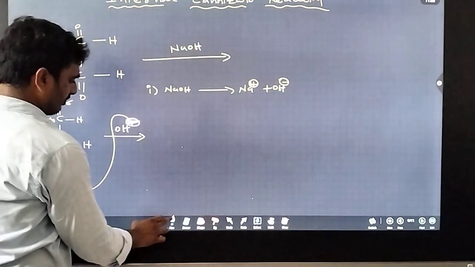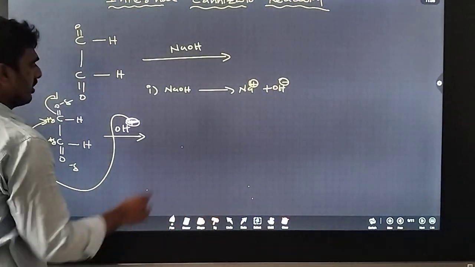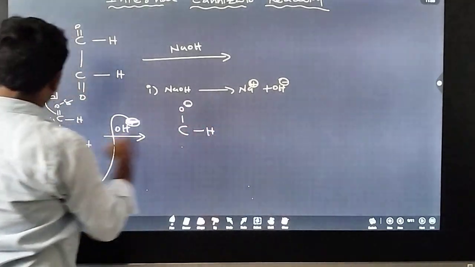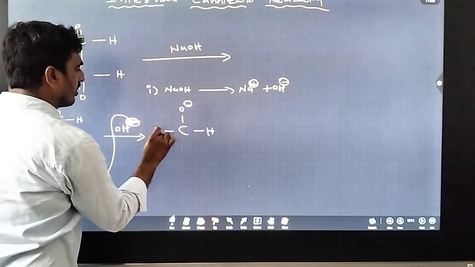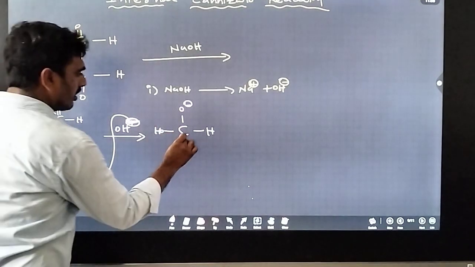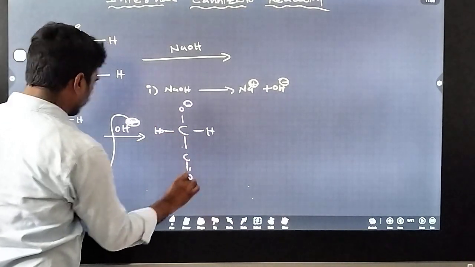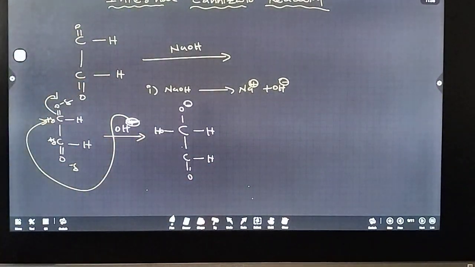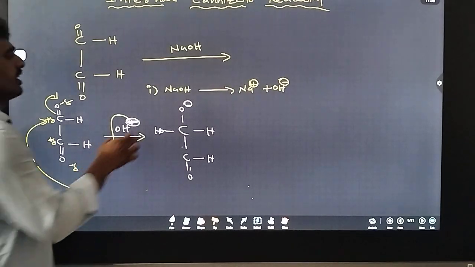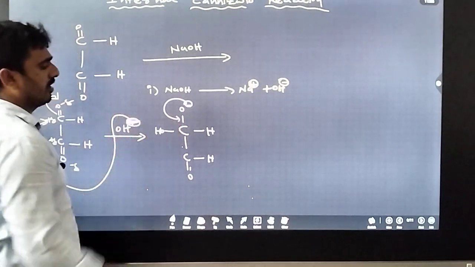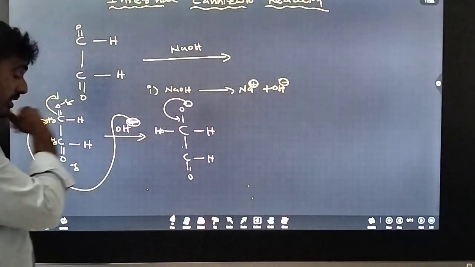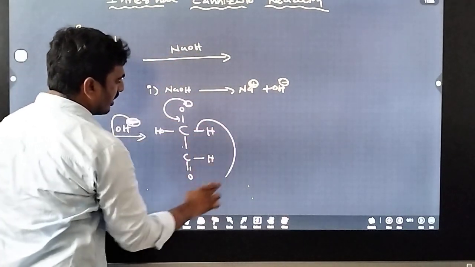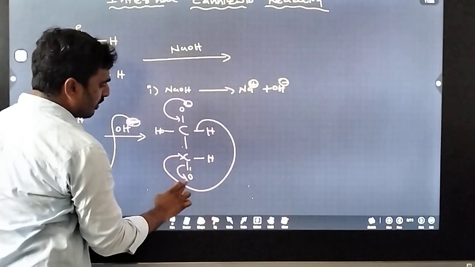So we get CO- and H. This is a charged species and is unstable, so electron displacement takes place. Again this hydride ion shifts to here.